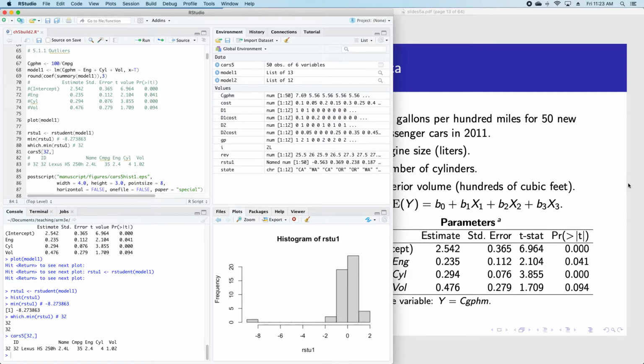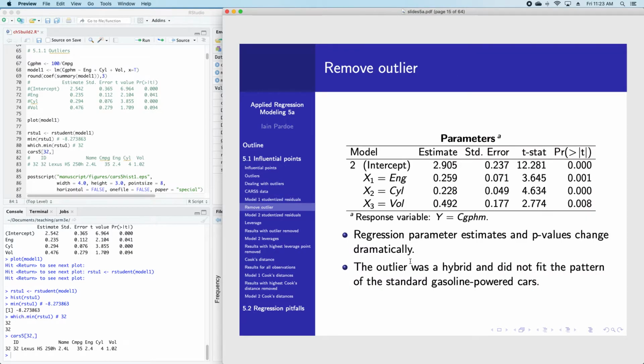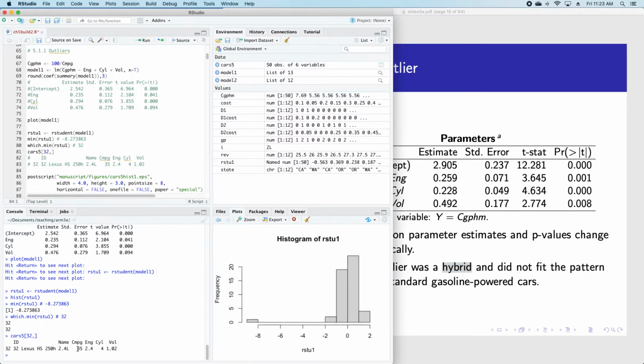If we were to look at the details for this car, we would discover that it's a hybrid. All the other cars in the data set are regular gas-powered cars. This one's a hybrid, so it's got a relatively high miles per gallon based on its engine size, number of cylinders, and interior volume.